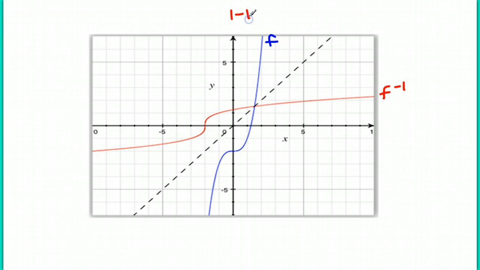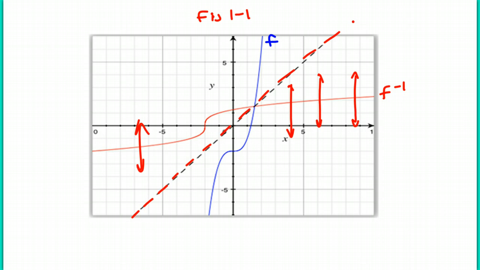So f is one-to-one, which is why it has an inverse function. Once you reflect it, you can see how it's reflected over the line y equals x. You can see that this new graph, f inverse, is also a function because it passes the vertical line test. Everywhere it passes that vertical line test.